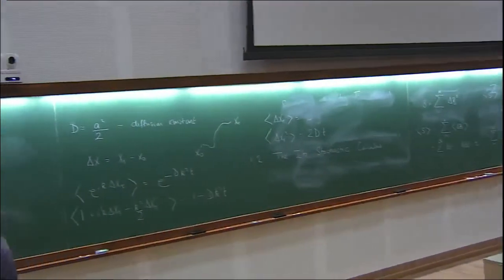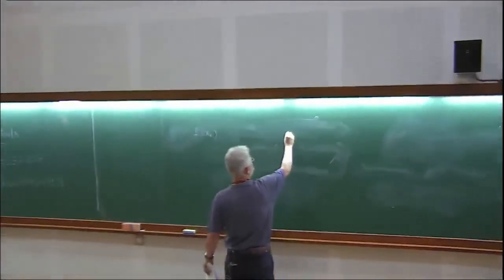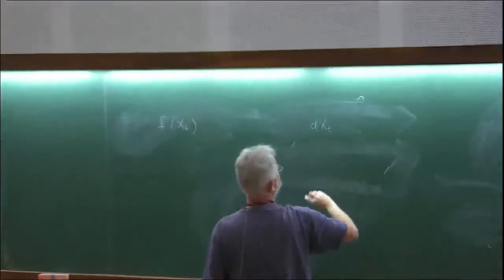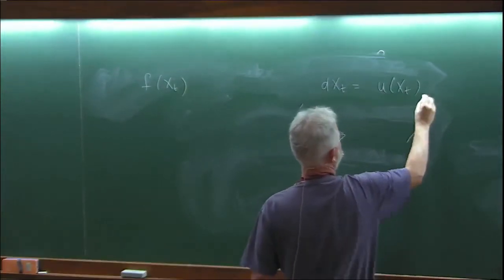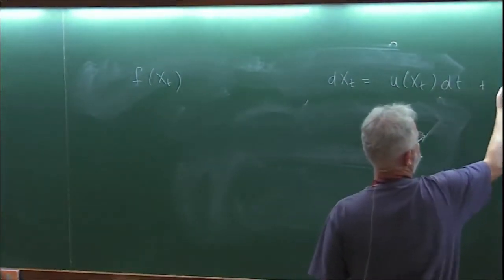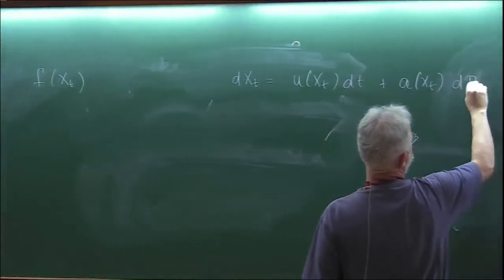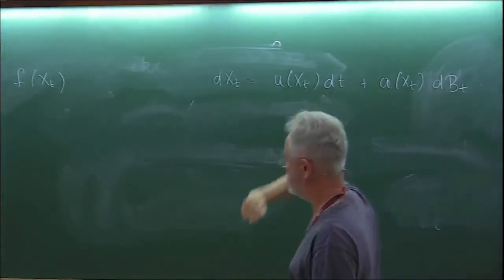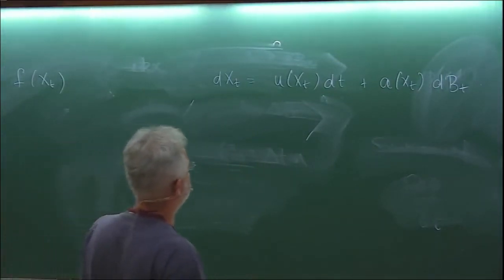So let me have a look. Let me take some function f of x of t, and let me remember that the stochastic differential equation I was interested in is dx of t is equal to u(x(t)) dt plus a(x(t)) dB_t. So let me just look at the morals of what's going on in this equation.